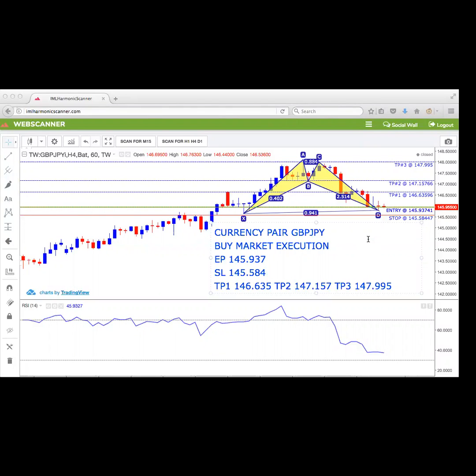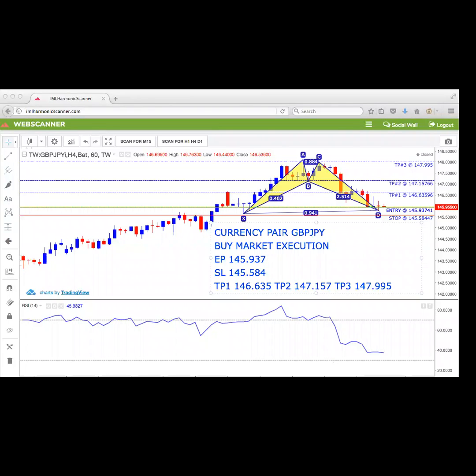We've got our currency pair and we're going to do a buy by market execution. You've got the entry price, the stop loss, and 3 take profits to choose from.